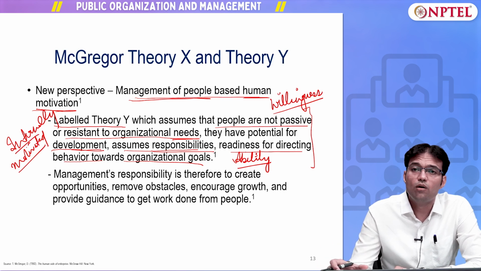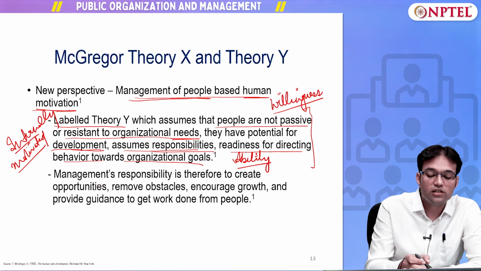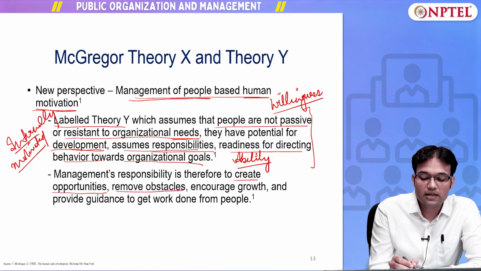Now in this case, what becomes the responsibility of the management? We are talking about management, organizational members, leaders, managers. Their responsibility is therefore to create opportunities, remove obstacles, meaning the leaders providing support to these people. I'll tell you why it is important for them to remove obstacles.